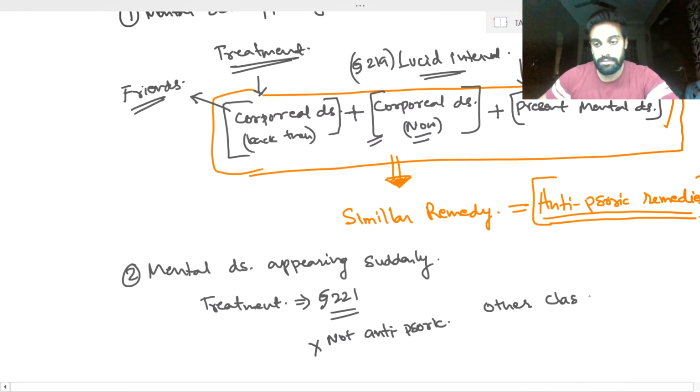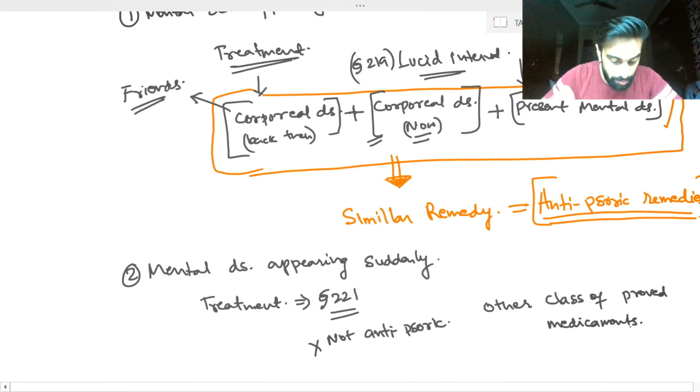Other class of proved medicaments. And in the aphorism, it has been specifically mentioned: aconite, belladonna, stramonium, hyoscyamus, mercury in highly potentized minute homeopathic doses. So this is the treatment for type 2 mental disease.